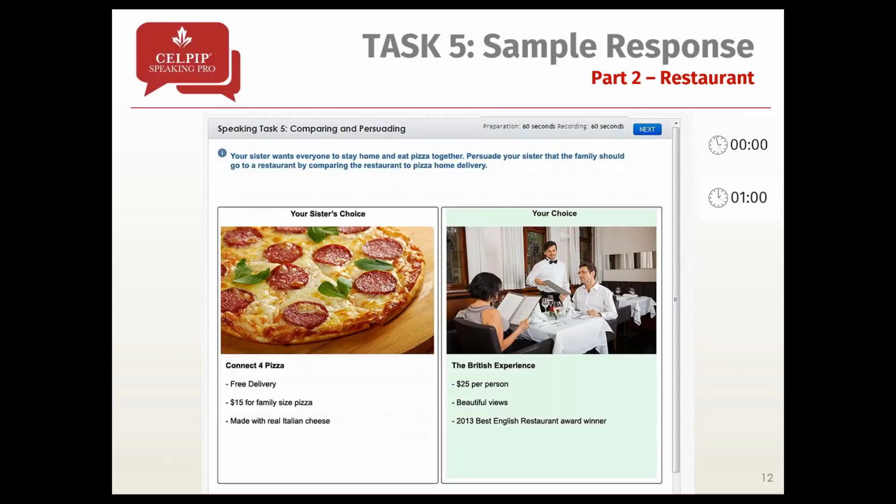My sister, I just want to let you know that if we go to the restaurant, it would be much more fun for many reasons. First, we got to experience the British experience. It's one of the best restaurants. It got an award winner in 2013. And on top of that, it's not too expensive. I understand that the pizza is slightly less expensive, but also the British restaurant is still affordable.